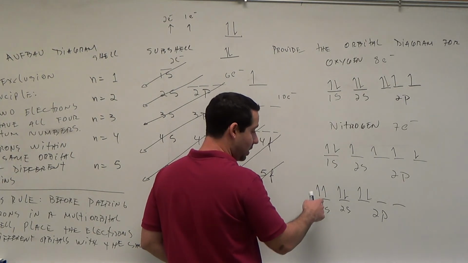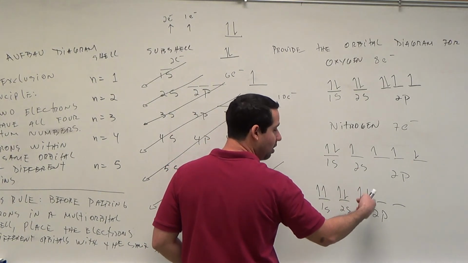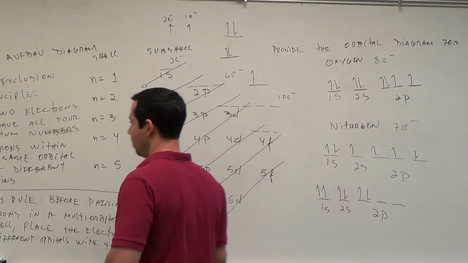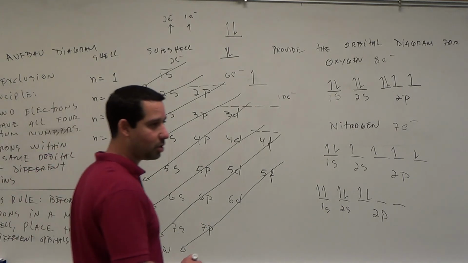It can't be like this. It has to have different spins. This is another violation. What is this a violation of? Hund's rule. Because if they are in a multi-orbital subshell, they have to be in different orbitals with the same spin. Yes or no? Yes. Those are gonna be 2 or 3 easy questions on the test, right?